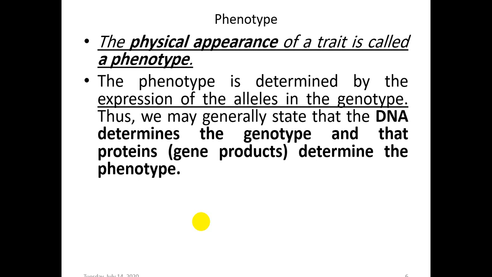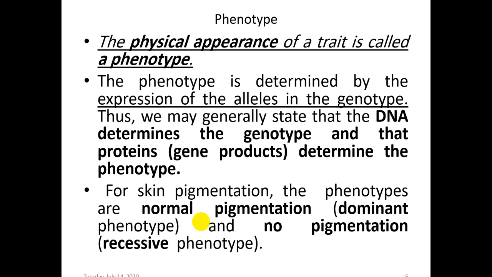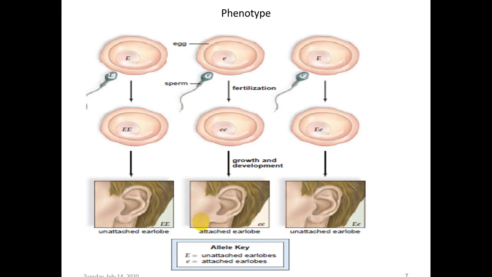So DNA determines the genotype. The protein determines the phenotype. Once again, for skin pigmentation, the phenotypes are normal pigmentation, dominant, or no pigmentation, recessive.